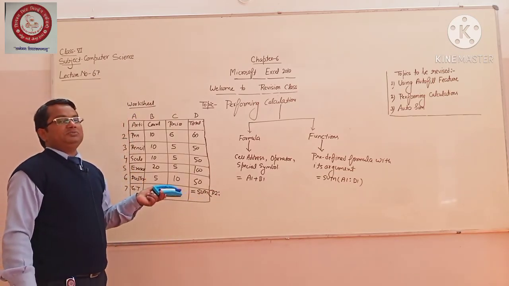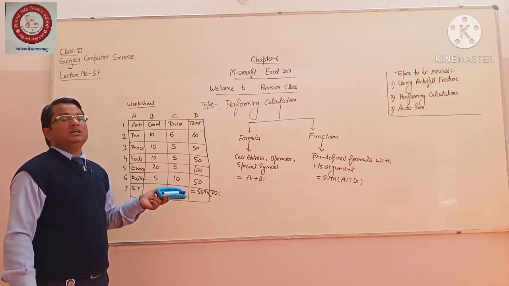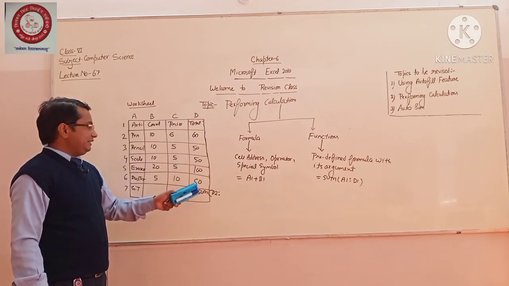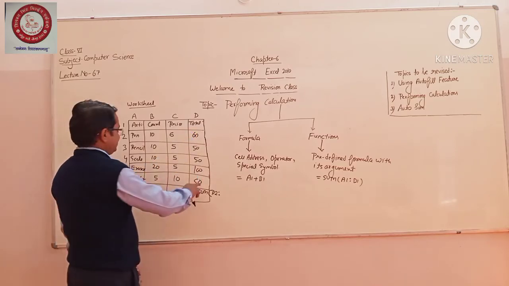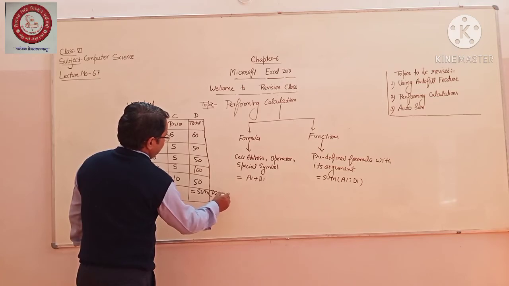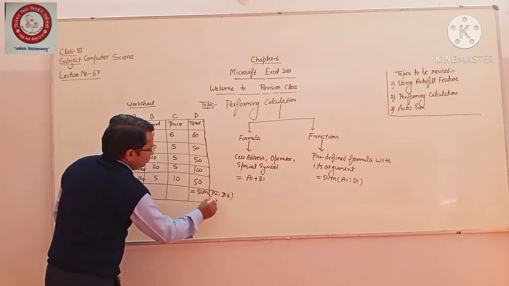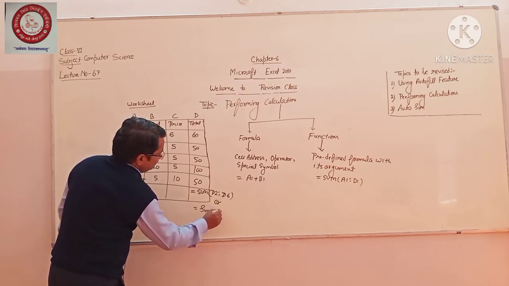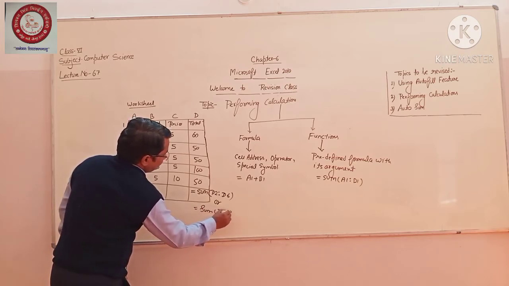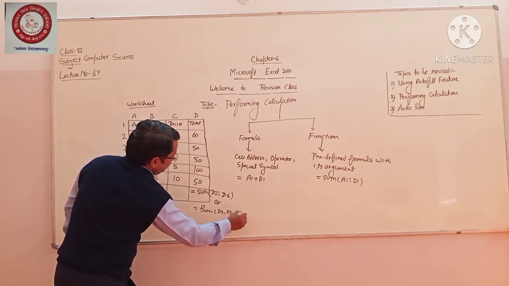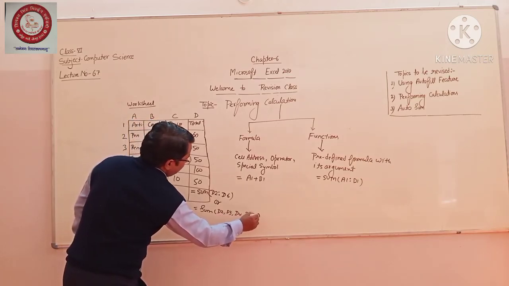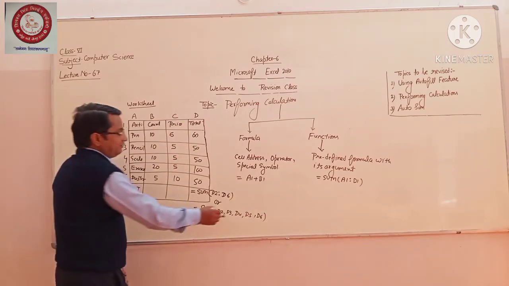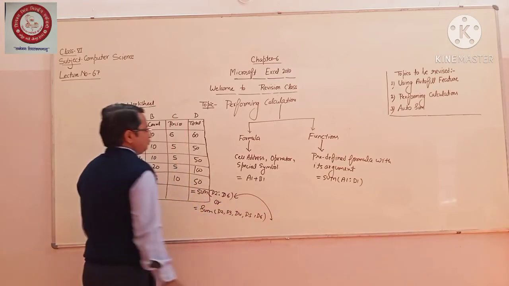Okay, range means just you are informing about the starting one and the last one. So the starting one is 60 and the last one, what is the address? D6. You can also write this in this way also: sum D2, D3, D4, D5, D6, bracket close. This is also correct. Okay, but I have written this thing in this way.